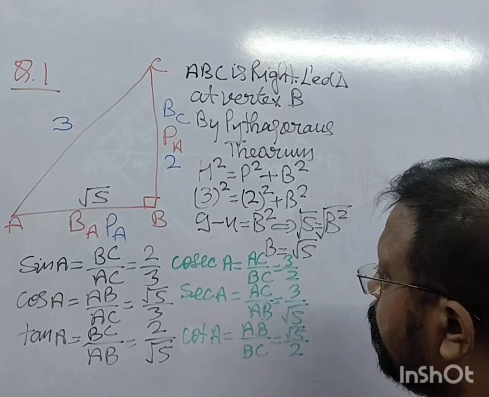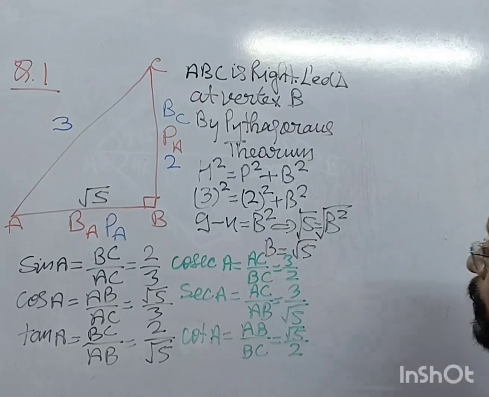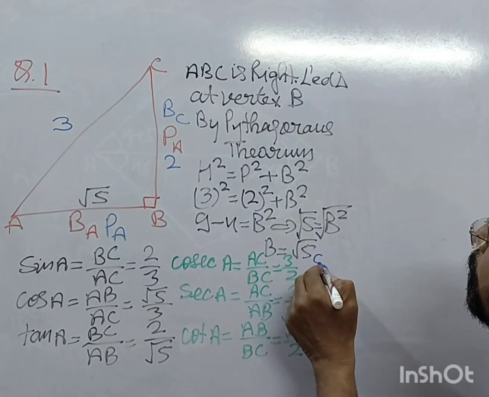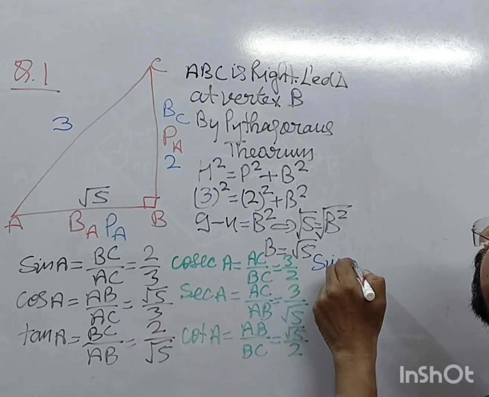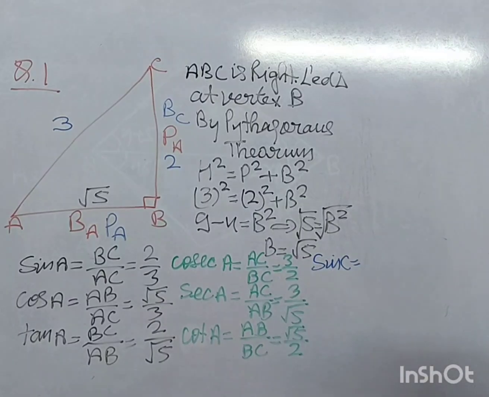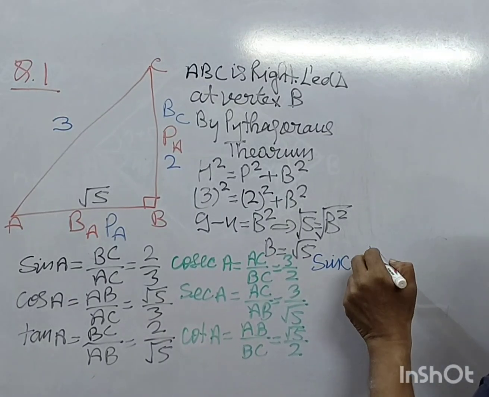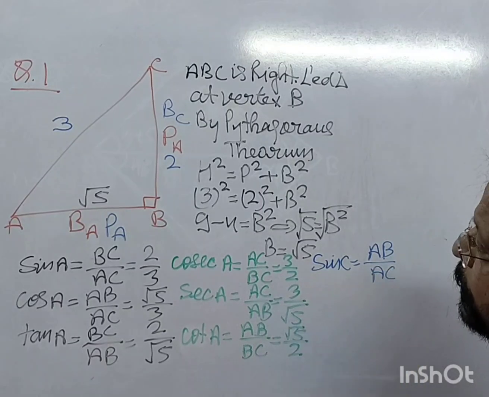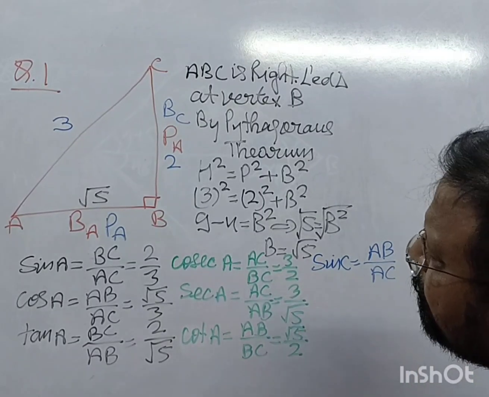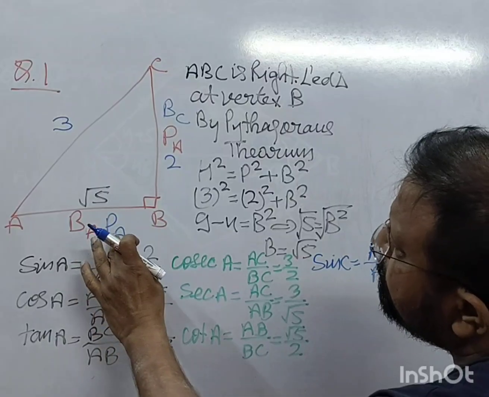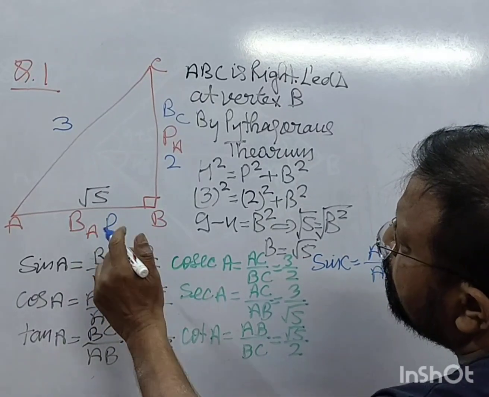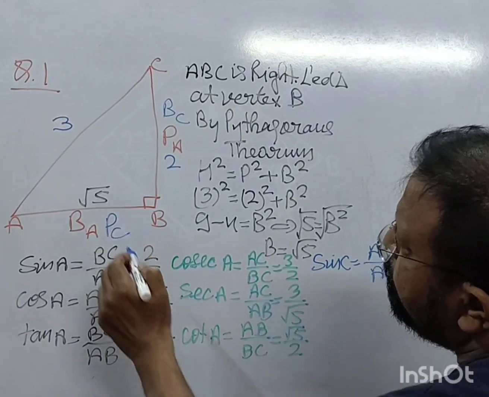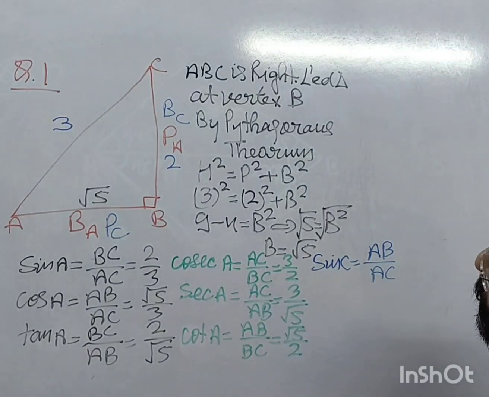If we go for C, so sine C is equal to AB upon AC. This is perpendicular for C, right? So AB upon AC.